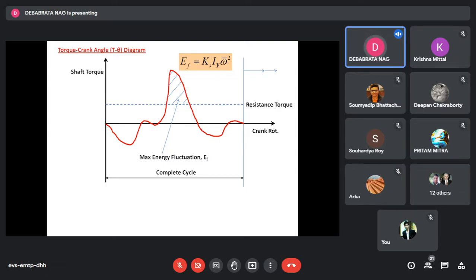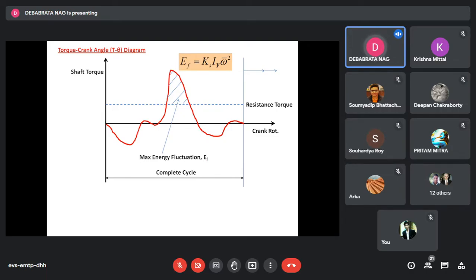But that doesn't happen. Let us consider the steady state running of the engine. Obviously, these types of angular speed variation take place in the transition phase or transient phase of the engine, but we are not taking into account the transient operation of the engine.